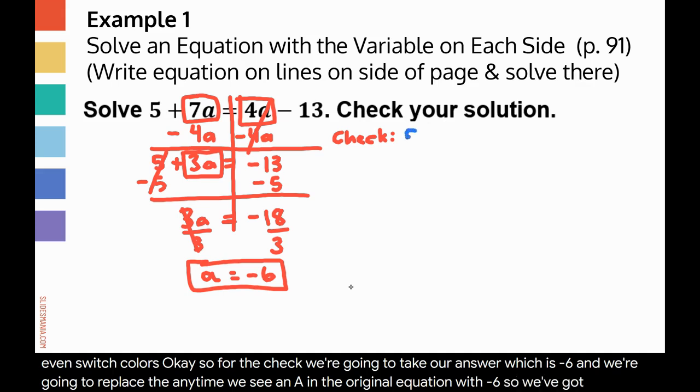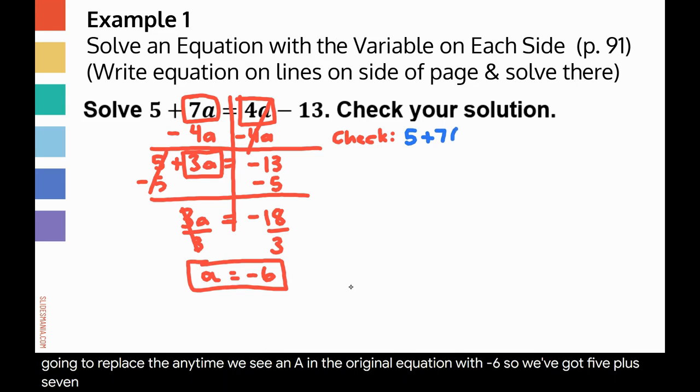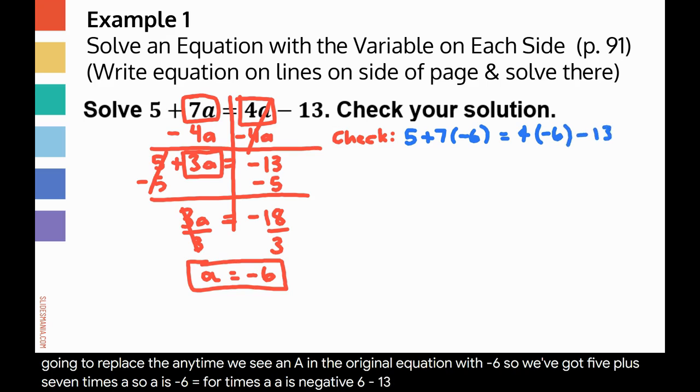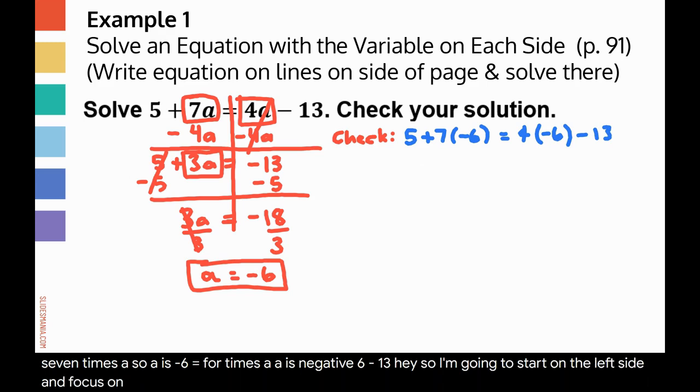So we've got 5 plus 7 times a, so a is negative 6, equals 4 times a, negative 6, minus 13.